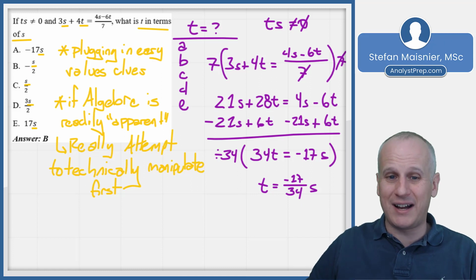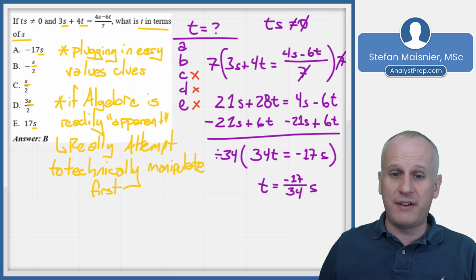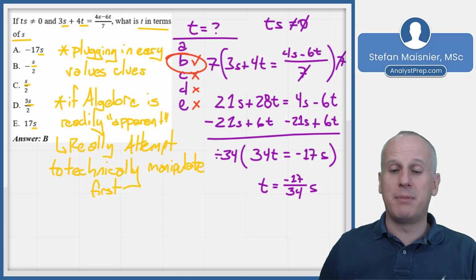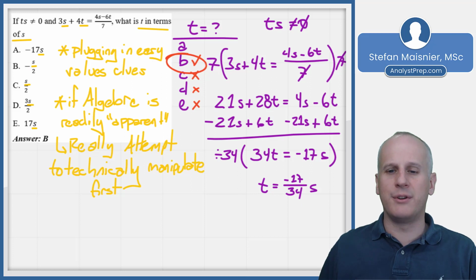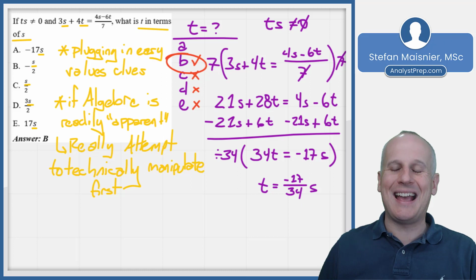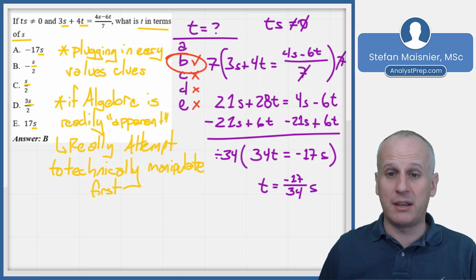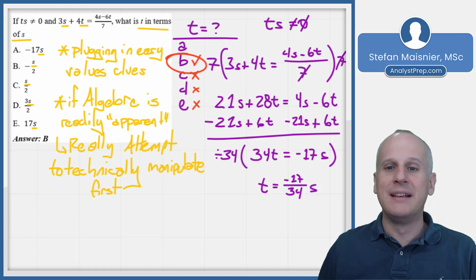That's the only viable option really at that point, because it has to be some negative value that is not an integer, and the only possibility that's valid is B. But of course, if you divide negative 17 by 34, by 17 over 17, you'll get negative 1/2 S. And negative S over 2 is the same thing in notation as negative 1/2 S, because you're dividing S by 2 as a negative.